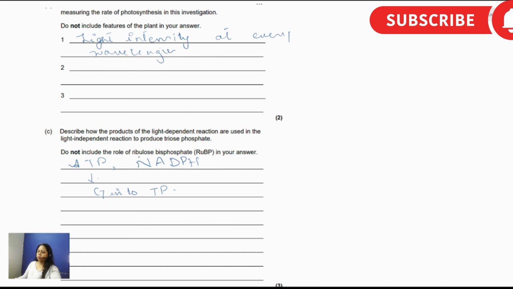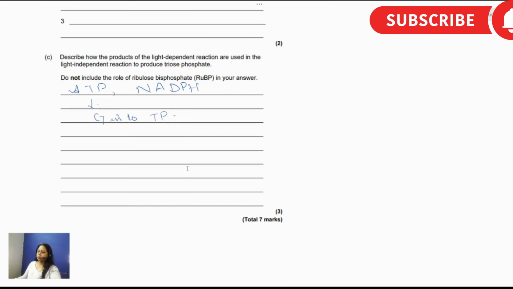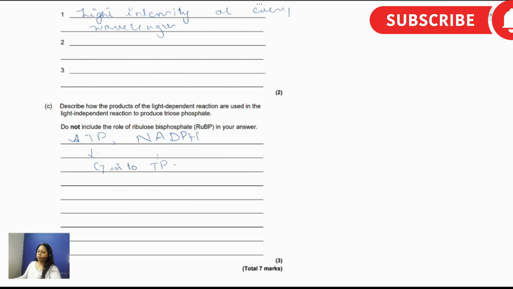So we don't need to include this RuBP. Just tell the general function. This is of 3 marks. The role of ATP is to provide energy, first of all, the very basic role. And the second role, you have told that GP is reduced to triose phosphate. What was my first point? To provide energy. Okay.